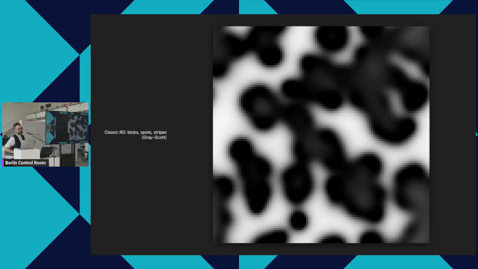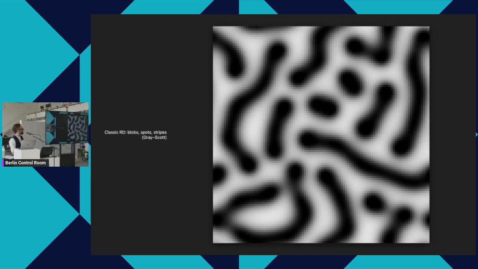So what exactly are reaction diffusion systems? These are quite simple mathematical models explaining chemical diffusion across a spatial grid between two or more substances. We can call them A and B. You can visualize it here.